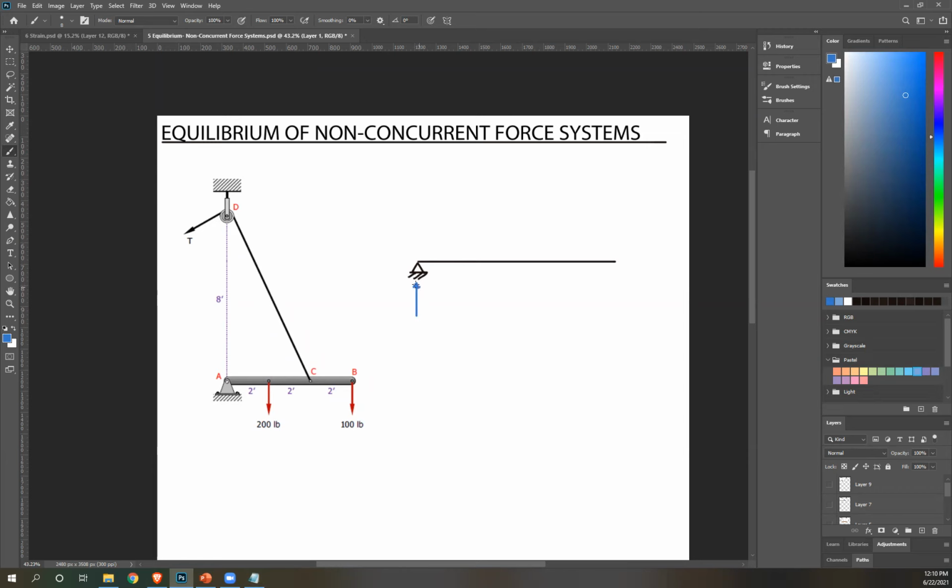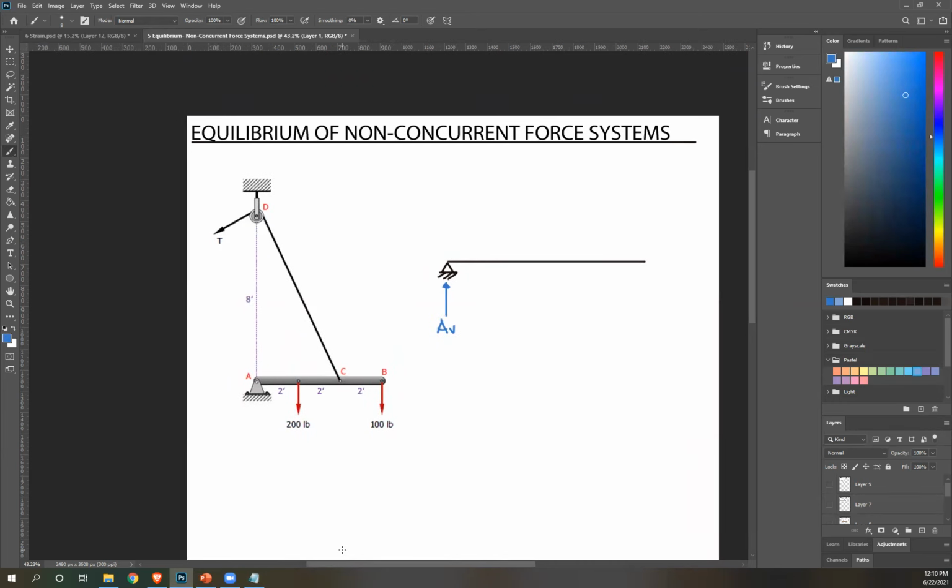So I'm gonna guess there's an upward reaction here at A. We'll call that AV for vertical reaction. And then, remember this is a pin support. A pin support has horizontal and vertical reactions. So there's also a horizontal reaction here. Again, I'm guessing the direction, and then we'll call this AH.